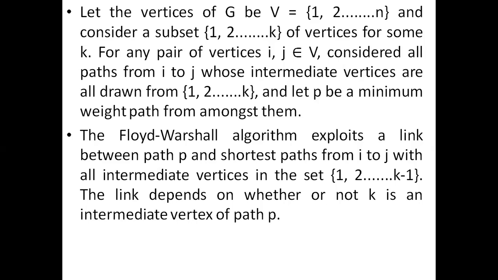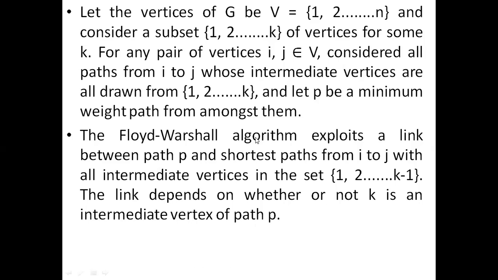Floyd's algorithm exploits a link to the shortest path: we have to find the shortest path from i to j with all intermediate vertices between 1 to k minus 1. So the link depends on whether or not k is an intermediate vertex of the path.